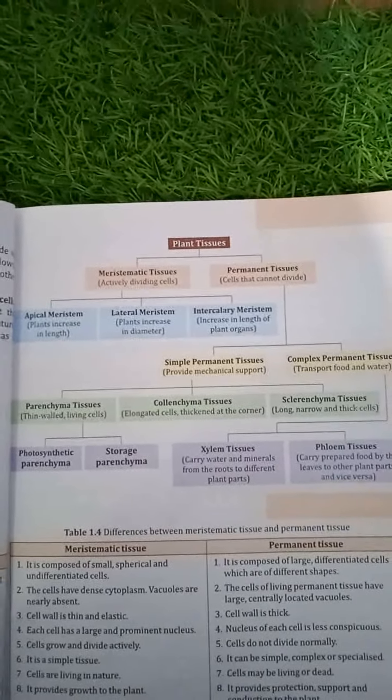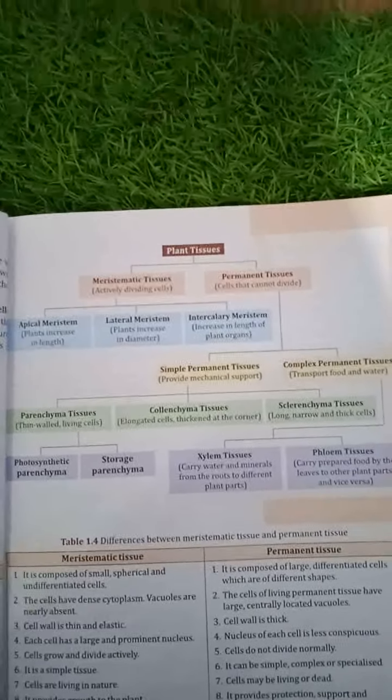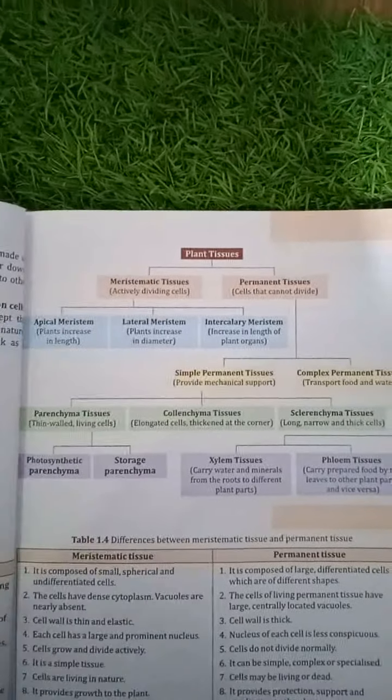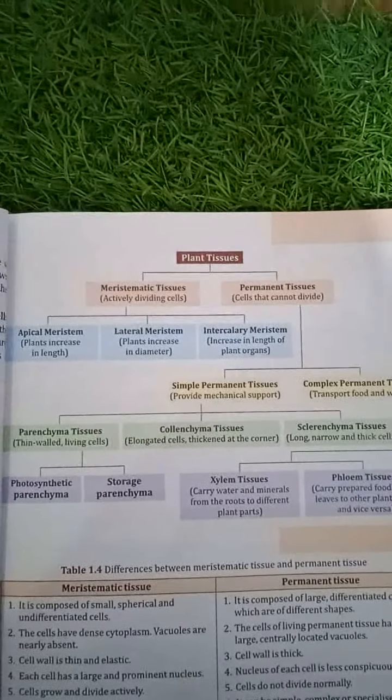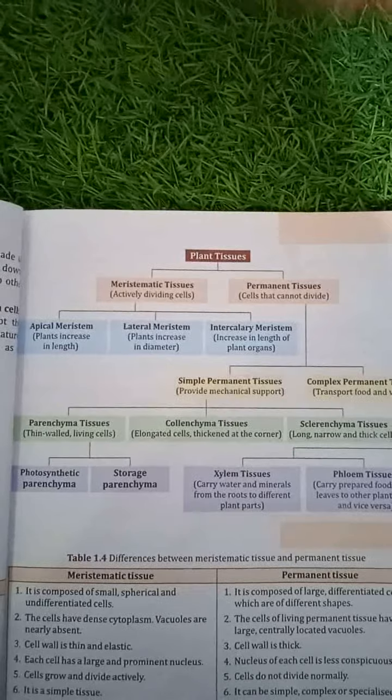We have done all the types of plant tissues and the further divisions also. If you want to take a quick revision of this chapter, you can come to page number 9 in your books, where that table is given. So we will just take a quick revision. Plant tissues are a group of cells in plants which perform a specific function.